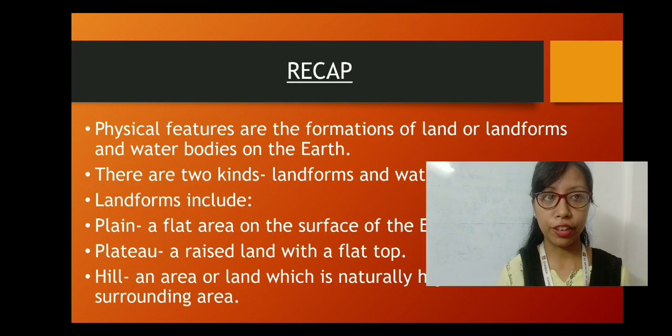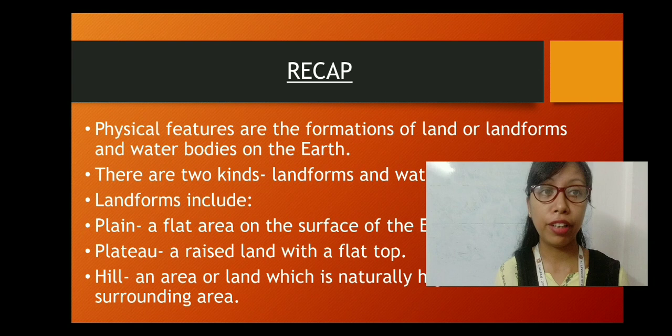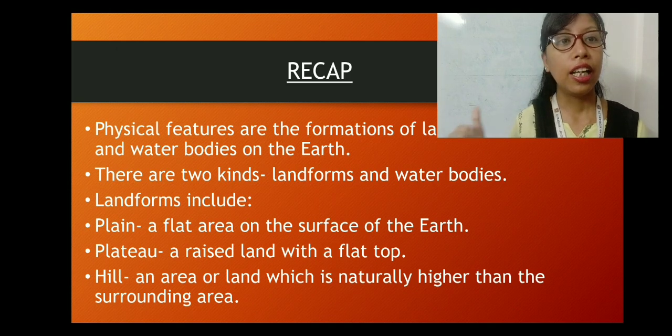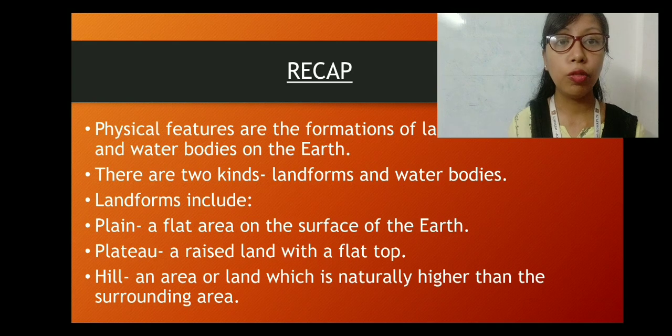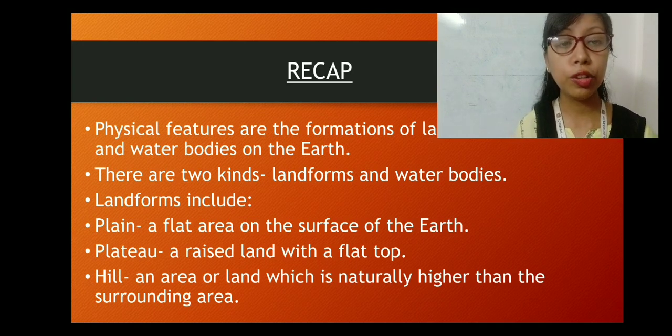So physical features, the first definition we have got is about physical features. Physical features are the formation of land or landforms and water bodies on the earth. There are two kinds of physical features: landforms and water bodies. Landforms include plain, which is a flat area on the surface of the earth. Then plateau, a raised land with a flat top.